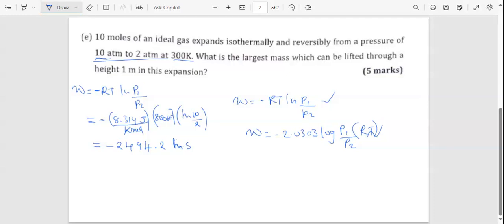okay, natural log, you punch on your calculator. So that will give us, it's giving me, I don't know with my calculator, but it's not supposed to give me this value.